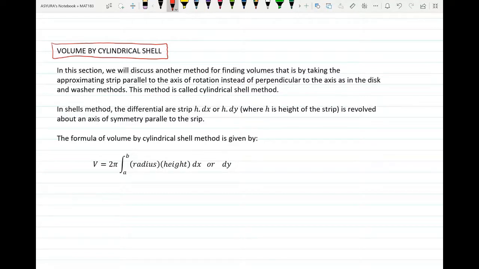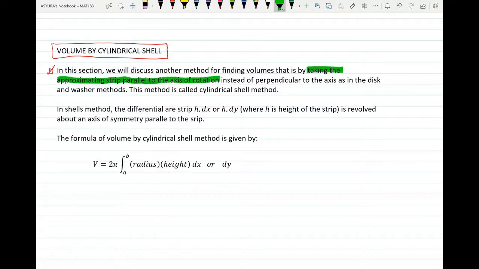Alright, in this section, we will discuss another method for finding volumes, that is by taking the approximating strip. Alright, this is the keyword: taking the approximating strip parallel to the axis of rotation.